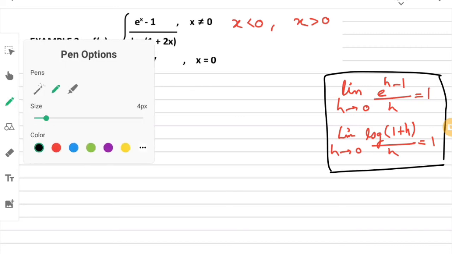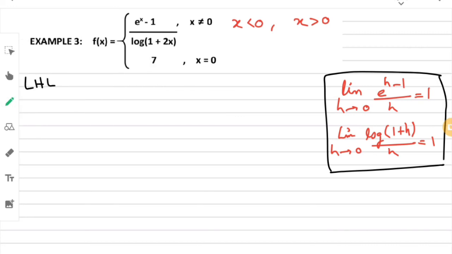LHL is what? Here the left hand limit is this one. So limit h tends to 0, again I am going to take the same, that is x is nothing but 0 minus h, because left hand limit. Then x is equal to minus h. And for the right hand side, x is equal to 0 plus h, that means x is equal to h.